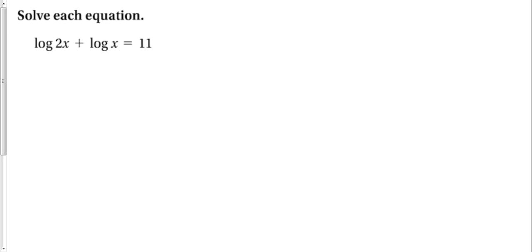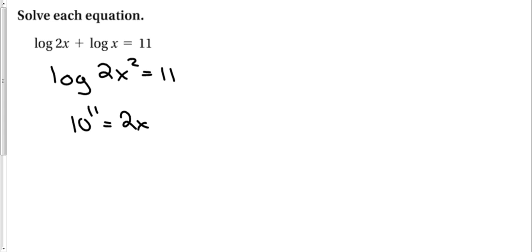Now when you have two logarithms, you must combine them into one. So this means multiplication. So it would be the log of 2x squared equals 11. Base 10 to the 11th power equals 2x squared. Divide by 2, take the square root. In this case, it's going to be a very large number.